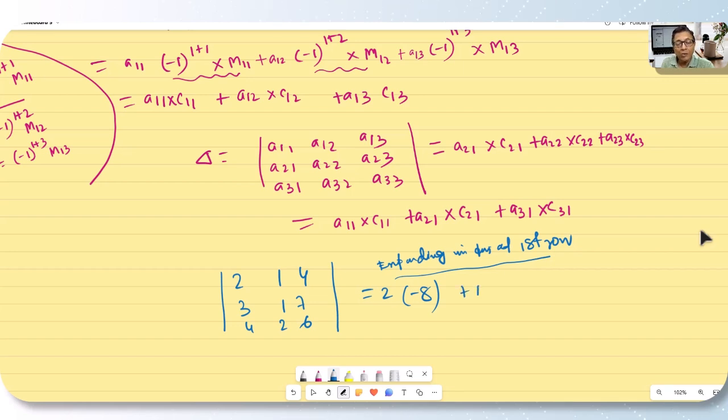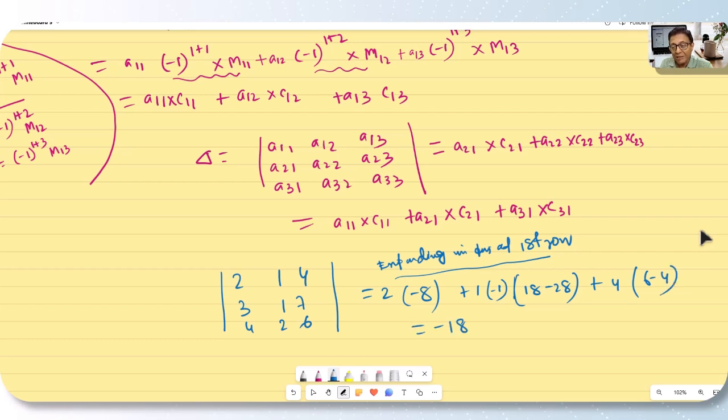Then plus 1 into the cofactor of this element, minus 1 to the power 1 plus 2, so there will be a minus sign. The remaining part is 3 7 4 6, 18 minus 28, plus 4 into 3 1 4 2, which is 6 minus 4.